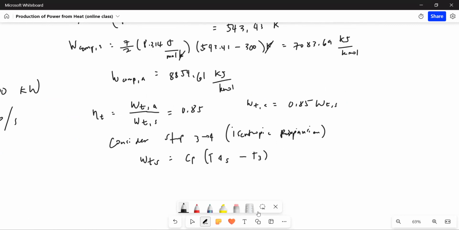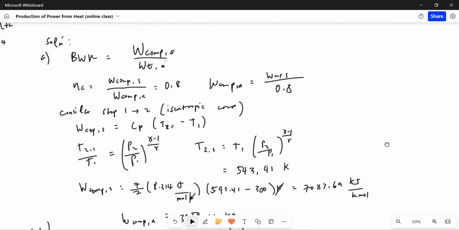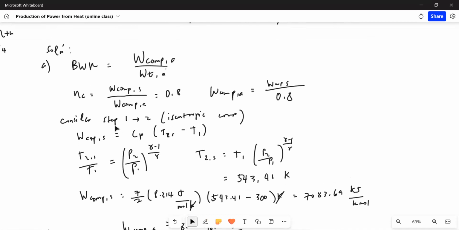So by the way, let me correct myself. This is not a fundamental property relation. It's the energy balance. So basically, work equal to delta H equal to Cp delta T. Sorry for that mistake. Work equal to delta H isentropic, equal to Cp delta T.